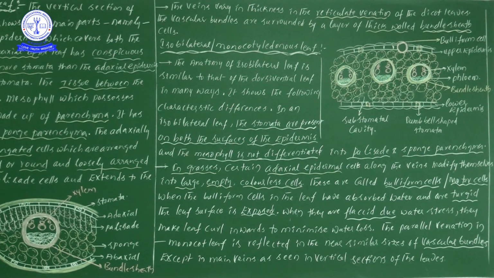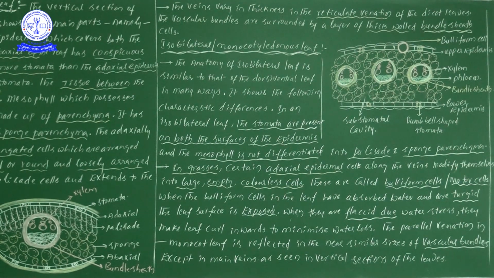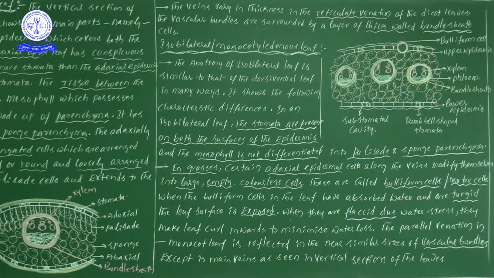Now look at the diagram. Here we have drawn a pink color outer layer. This is the bundle sheath cell. One more neat bit I will give you: this bundle sheath cell is initially made up of parenchymatous cells. This bit is not in our textbook.